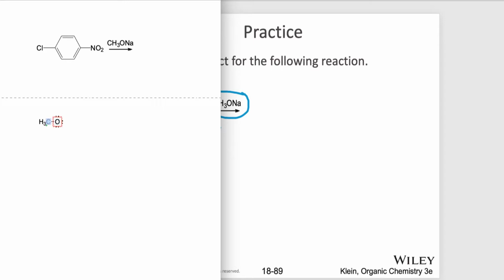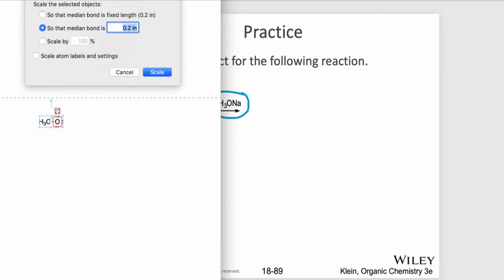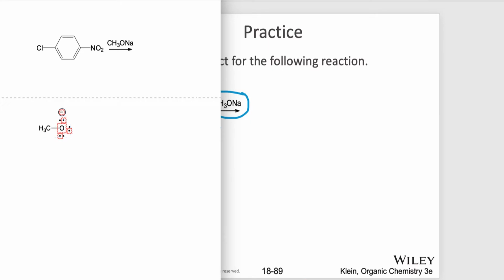We now have a negative charge on oxygen, which makes it a good nucleophile. Let me drag this a little bit out. Oh no, I want an oxygen there. And let's scale this a little bit. All right, here we are. We have a good nucleophile.